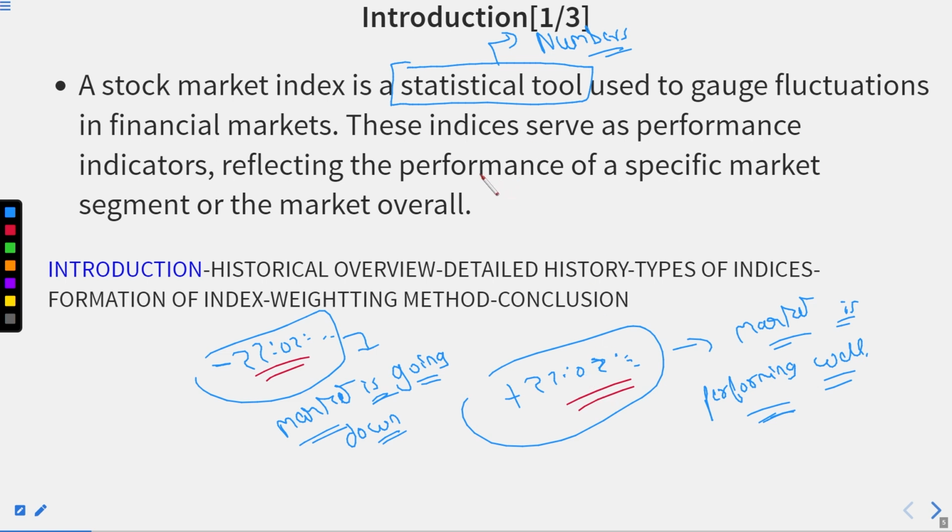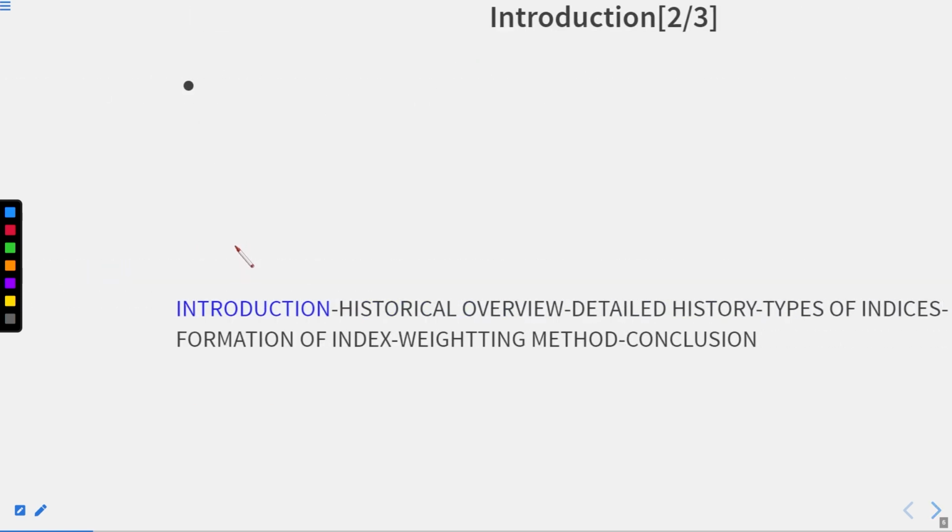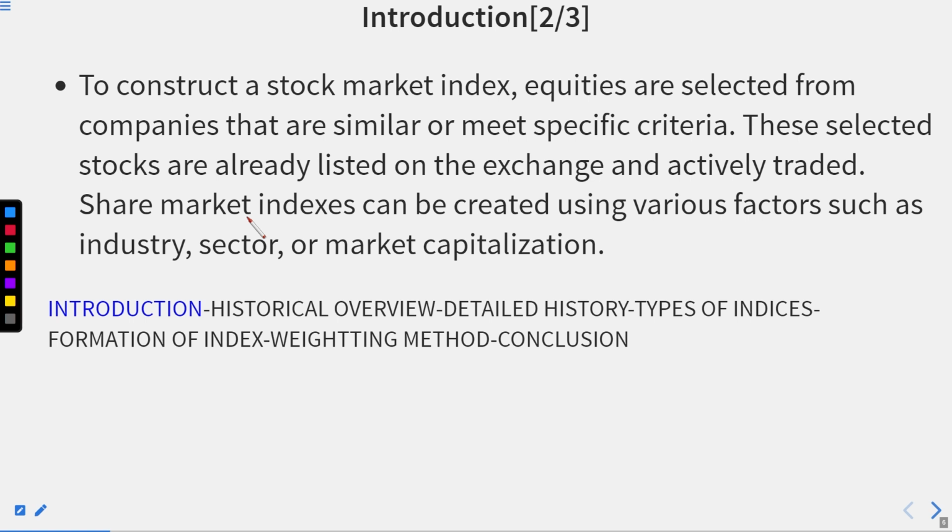These indexes serve as performance indicators, reflecting the performance of a specific market segment or the market overall. To construct a stock market index, equities are selected from companies that are similar or meet specific criteria. Please remember this, it is the first and very specific way.